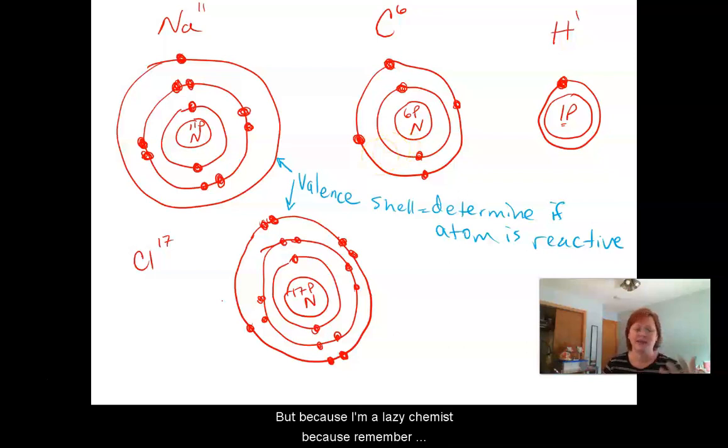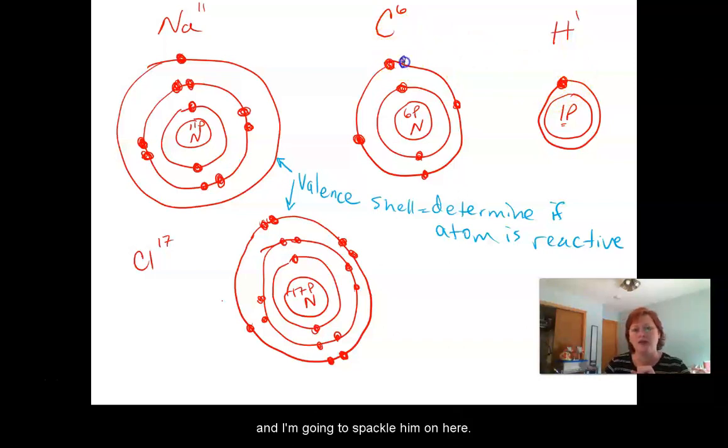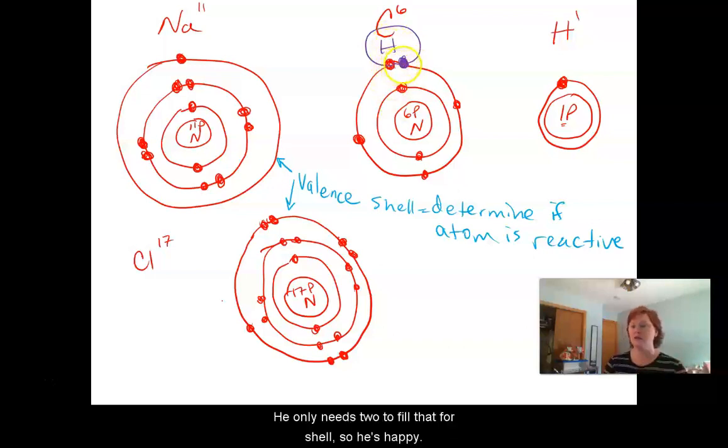But because I'm a lazy chemist, because remember, not a chemist, I'm going to take this nice little hydrogen here who has 1 electron, meaning he needs one more. And I'm going to spackle him on here. And now this hydrogen has 2 electrons. He only needs 2 to fill that first shell, so he's happy.